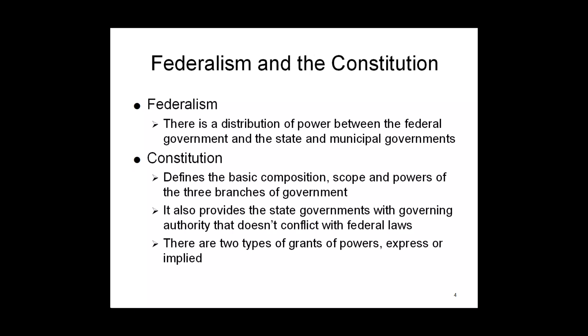The Constitution supplies the blueprint. It establishes the three branches we discussed earlier, defines their powers, and reserves all non-conflicting authority to the states. Some powers are express, clearly listed, such as the congressional power to regulate interstate commerce, which justifies nationwide data blocking rules.